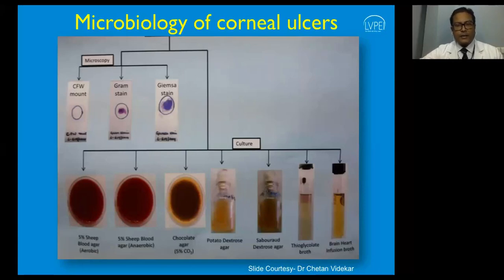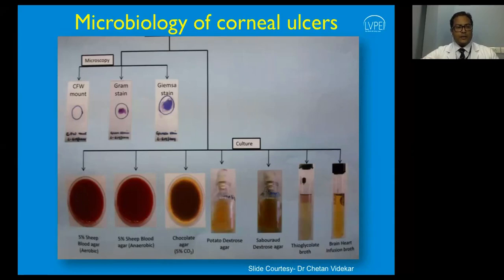So the traditional microbiology setup for any ocular microbiology service would typically consist of smear examination of 3 particular slides, one of which is the calcofluor white 10% KOH wet mount, the Gram and Giemsa stains, and the culture typically consists of 5% sheep blood agar, chocolate agar, potato dextrose agar, Sabouraud dextrose agar, thioglycolate, and brain heart infusion medium.